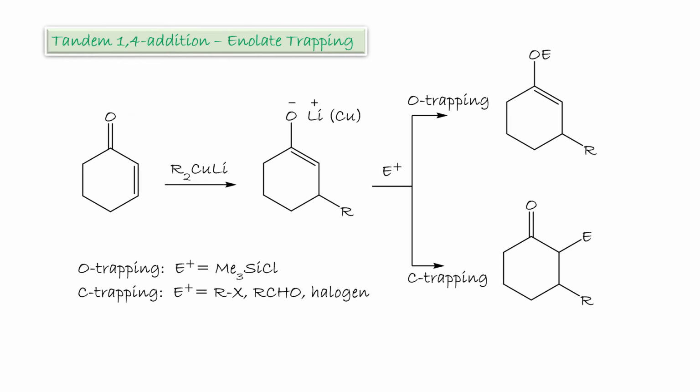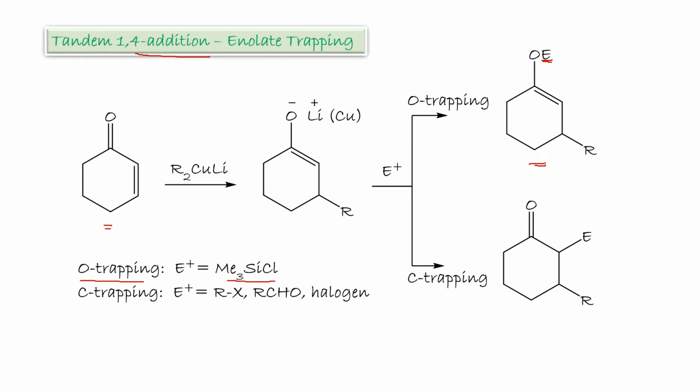Tandem 1,4 addition, enolate trapping. We mentioned that in the first step, the enone reacts with dialkyl cuprate, lithium salt, to form the enolate. If you would like to trap this enolate to a stable form that we can identify, we can do that by O-trapping using trimethylsilyl chloride in the presence of triethylamine to form the trimethylsilyl enol ether, where we have the silyl trimethyl group.